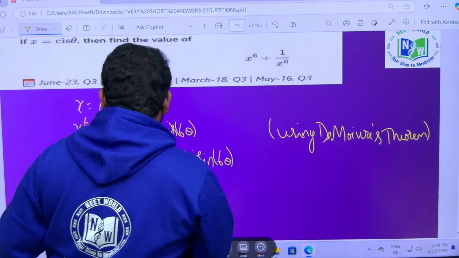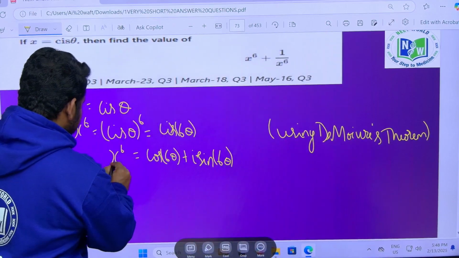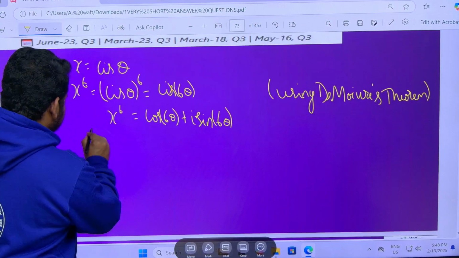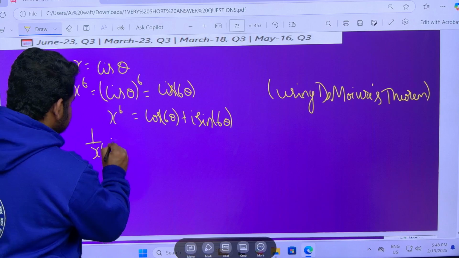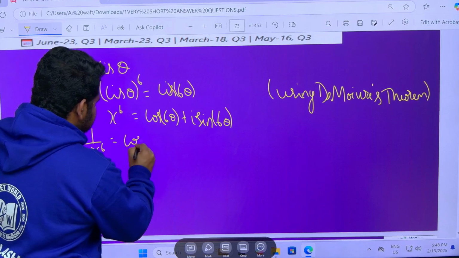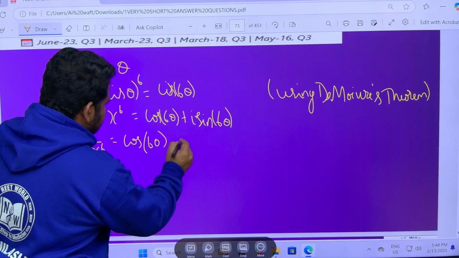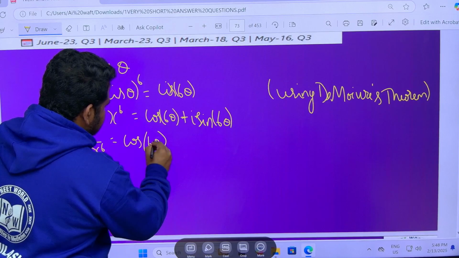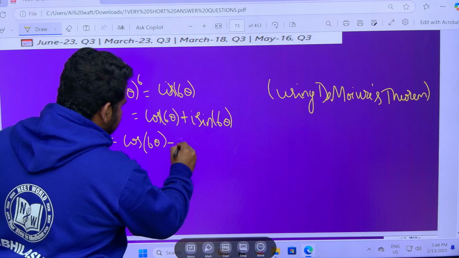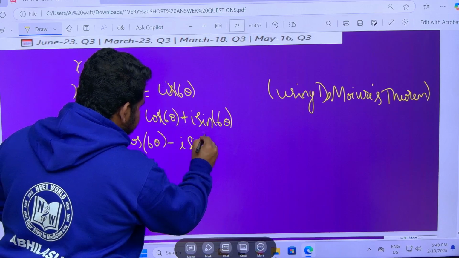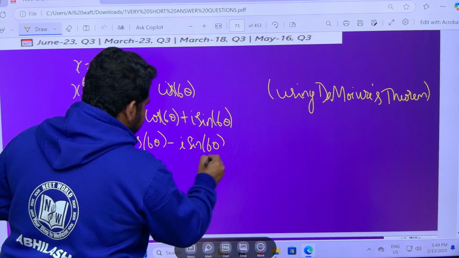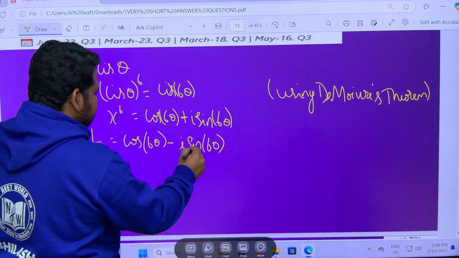So 1 by x to the power of 6 can be written as cos 6 theta minus I sin 6 theta. This is the value we got.